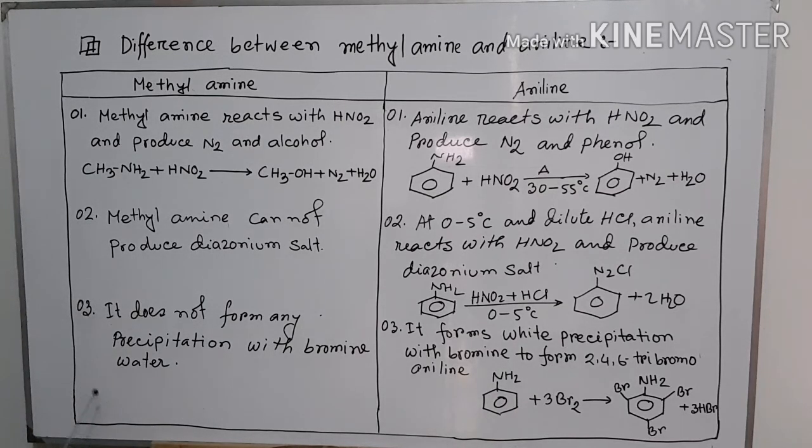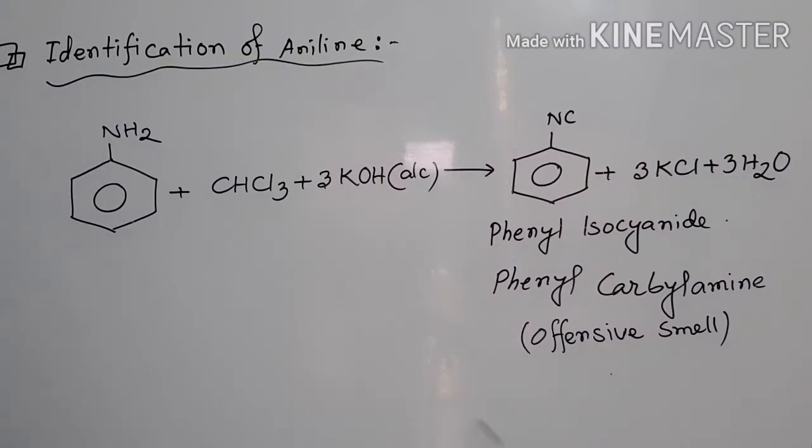And the third one is that methylamine does not form any precipitation with bromine water, but aniline forms white precipitation with bromine water to form 2,4,6 tribromo aniline. This one is 2,4,6 tribromo aniline. Now identification of aniline.